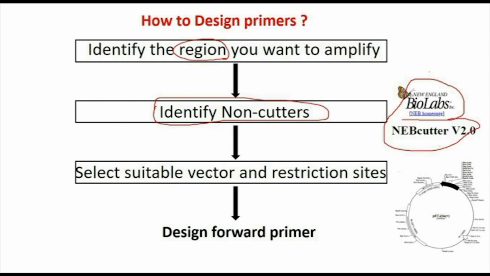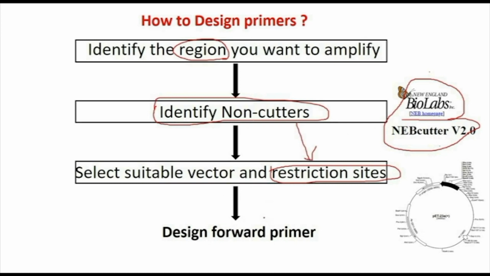After identifying non-cutters, you have to select a suitable vector in which you want to integrate this amplified region, and suitable restriction sites. You will get suitable restriction sites from the non-cutters.